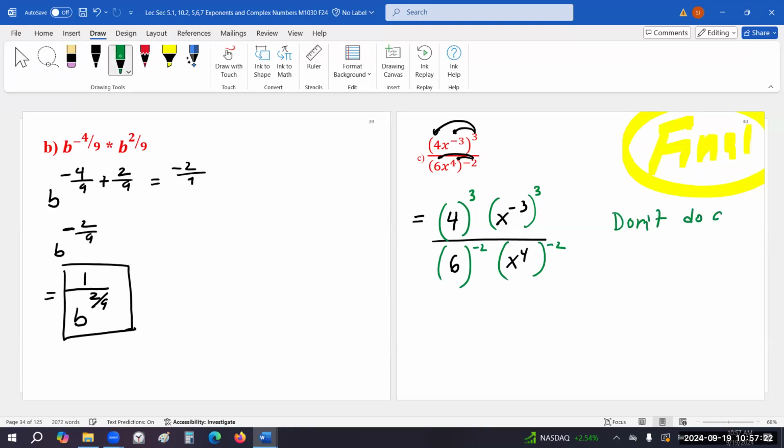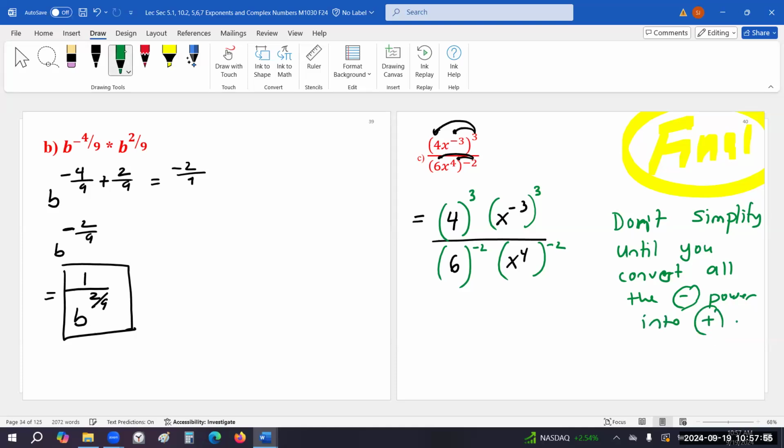Don't combine, don't simplify, until you convert all the negative powers into positive.